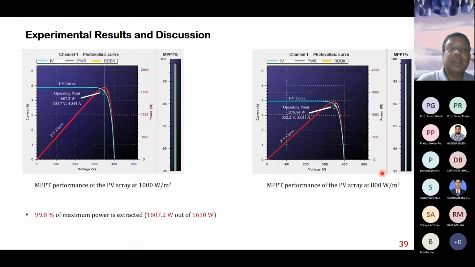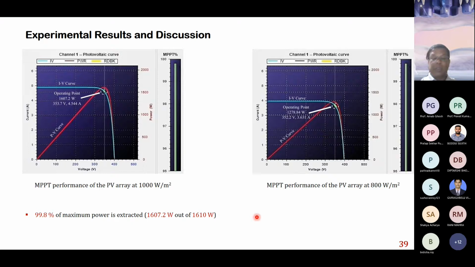So this is the experimental result and discussion in which we operate the panel with a maximum MPP at 1000 watt per meter square, and we could see by the incremental conductance MPPT algorithm that we designed, the maximum power extracted is 1607.2 out of 1610 watt.